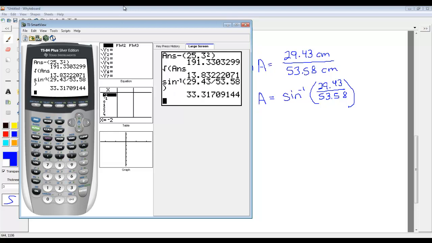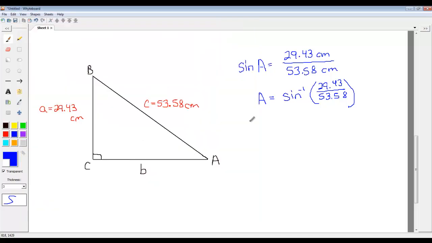We get 33.31709144. So we could go ahead and say like 33.32 degrees or so. Because our numbers had 4 significant digits each, we can go 4 significant digits here. Say 33.32 degrees. So angle A is about 33.32 degrees.